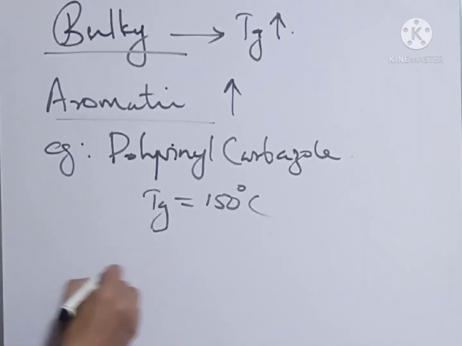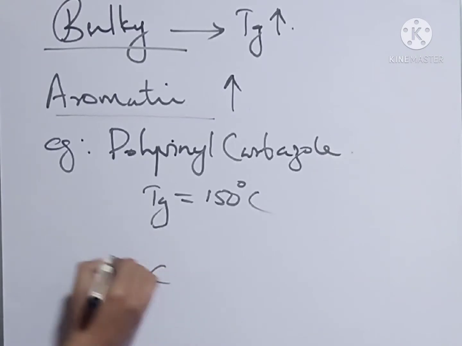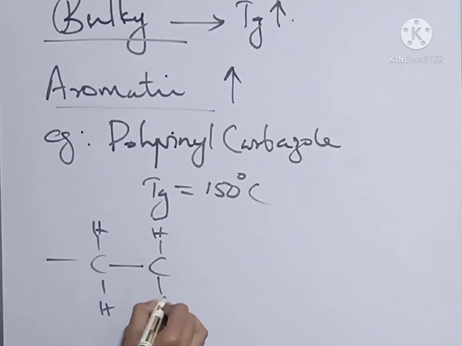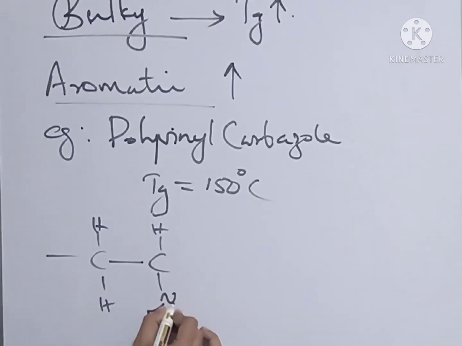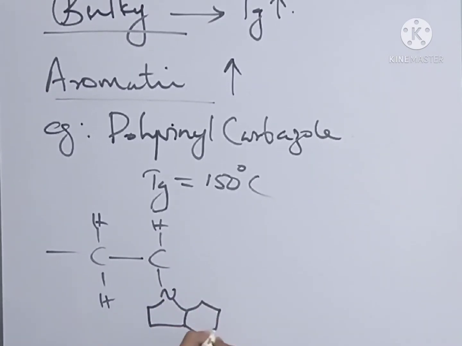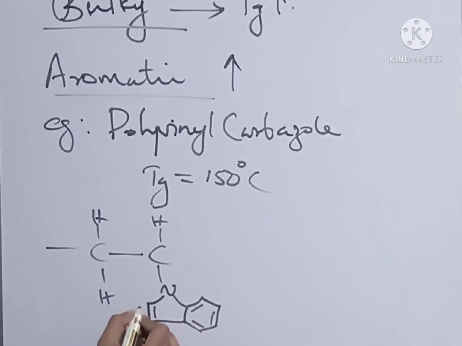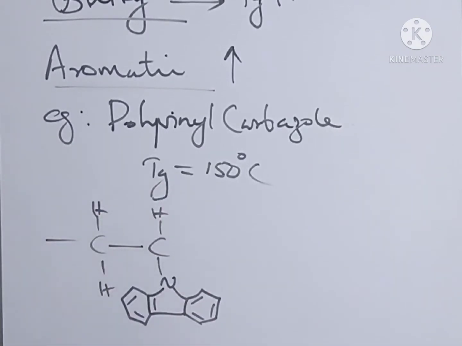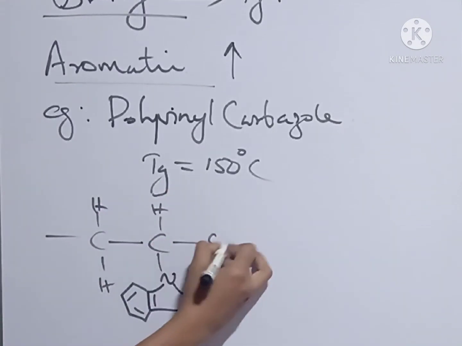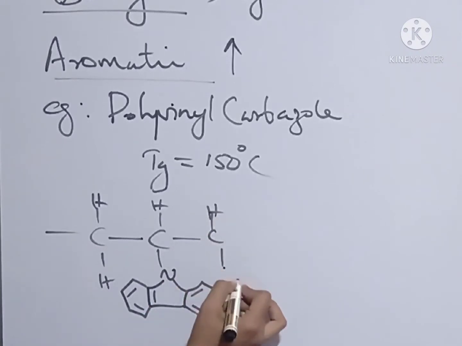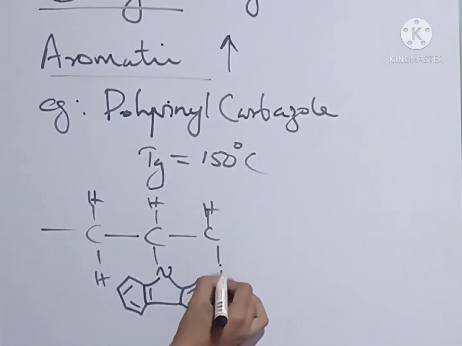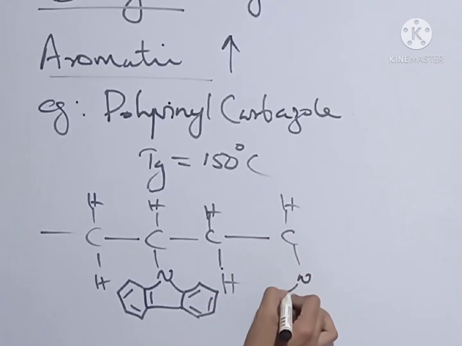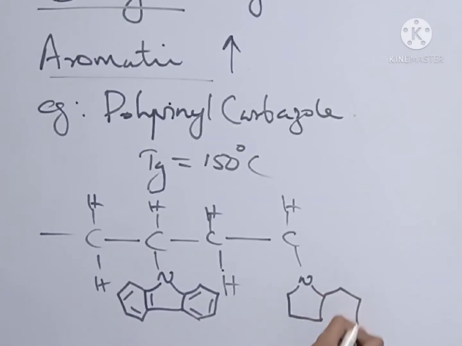Polyvinyl carbazole actually contains a side group like this, an aromatic side chain. So this aromatic group increases the glass transition temperature of polyvinyl carbazole. So this is the basic structure of polyvinyl carbazole.